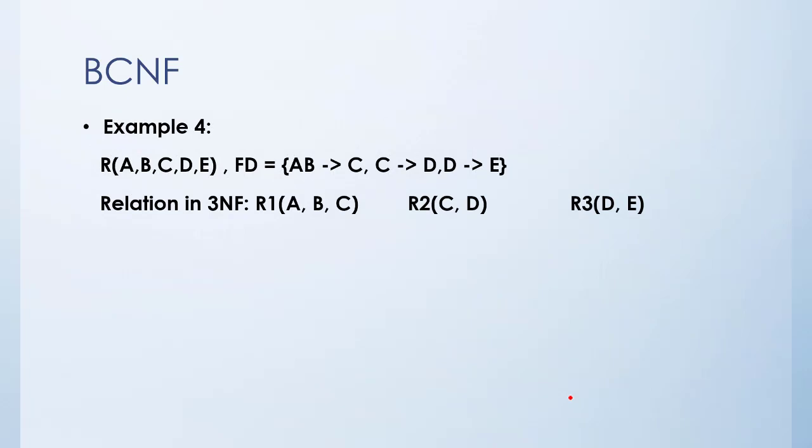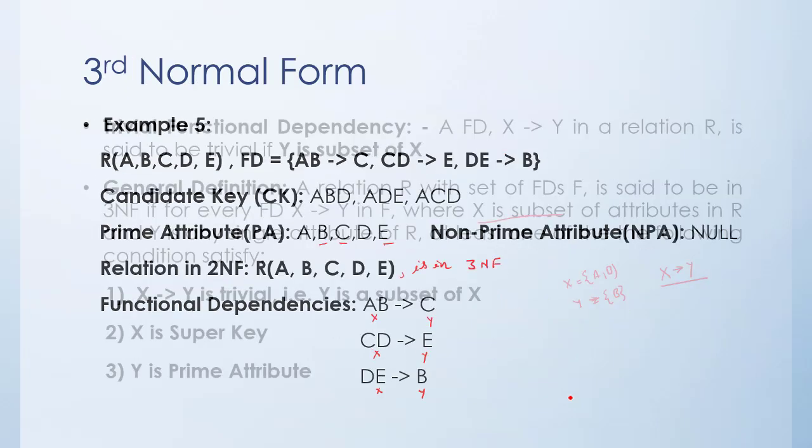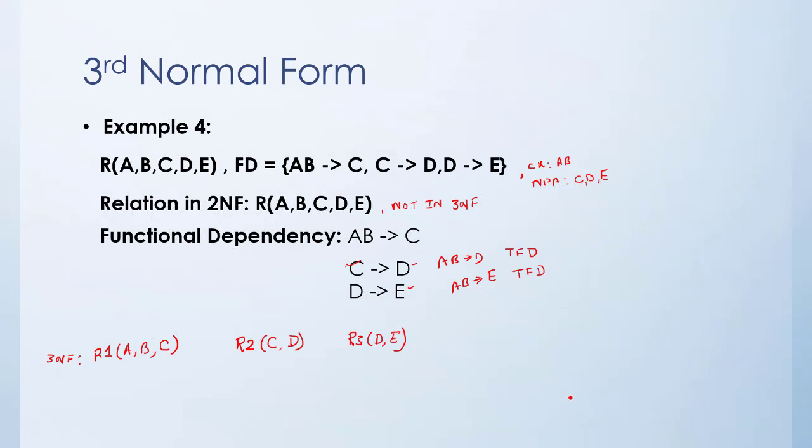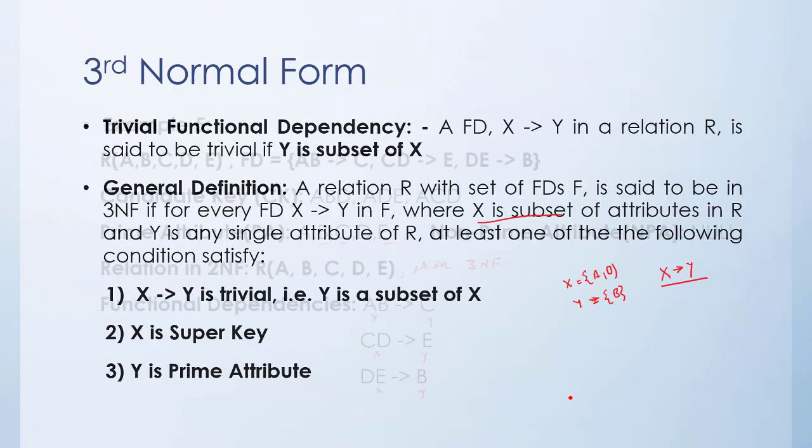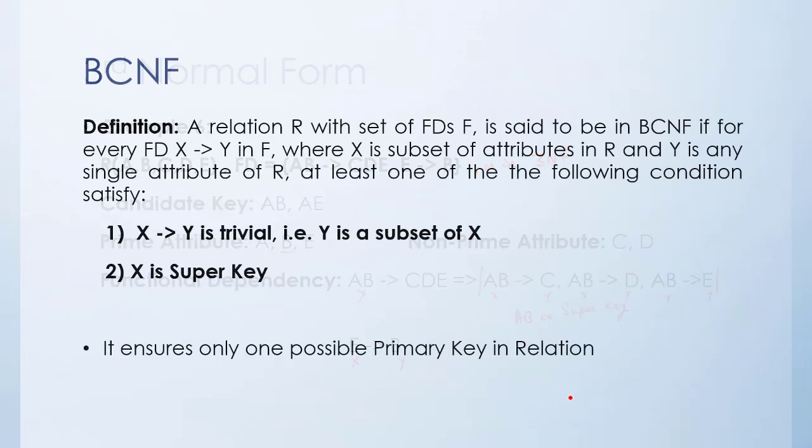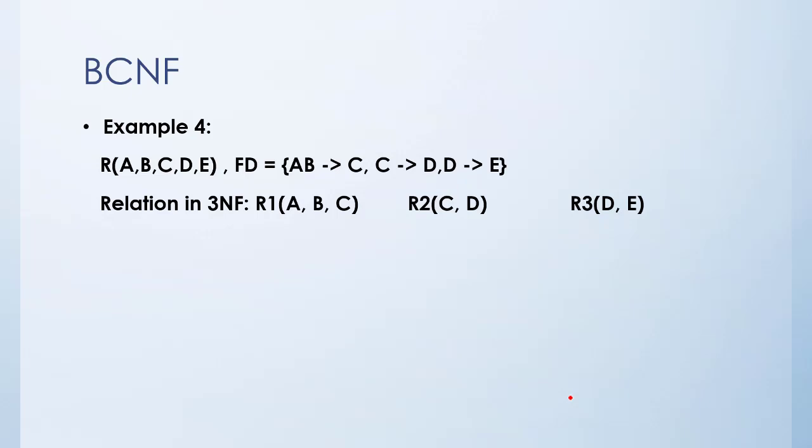Now example 4 is the example where we have proved that the base relation was not in 2NF, not in 3NF, so we decomposed it in 2NF and got three relations from it. Next, we are going to see whether the three relations we are getting are in BCNF or not.